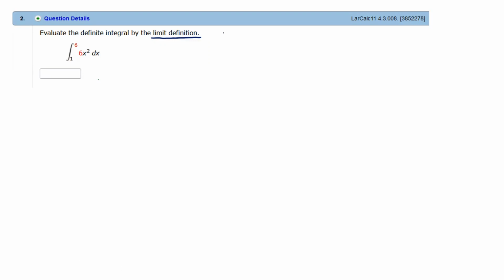Okay, so overall, the general way that we use the limit definition, if you've been following some of these, is we look at the limit as n goes to infinity, and we take the sum of an infinite number of rectangles under this curve. So we're roughly sketching what this looks like.